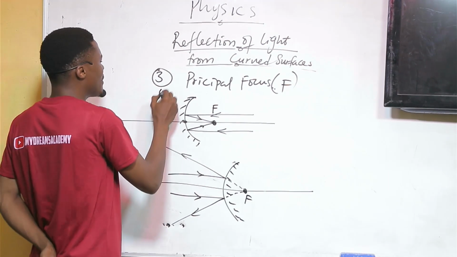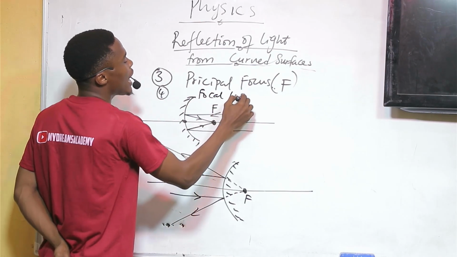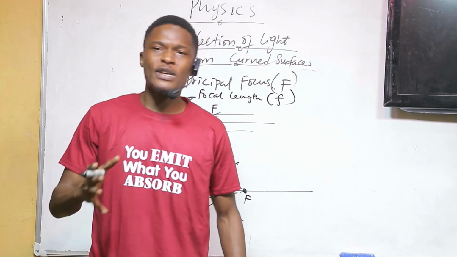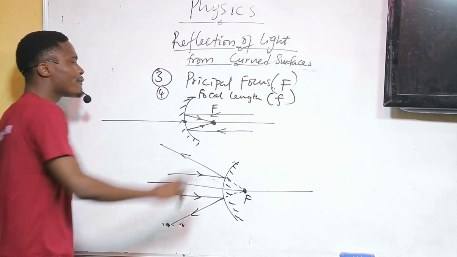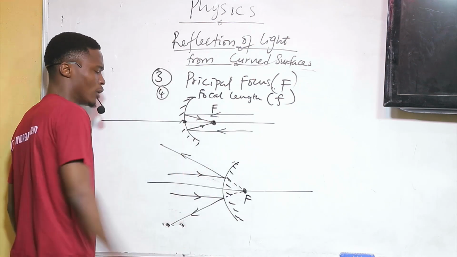Now let's quickly talk about the next one, which is focal length. Focal length is represented with small letter f. Focal length is the distance between the principal focus and the pole of that mirror.